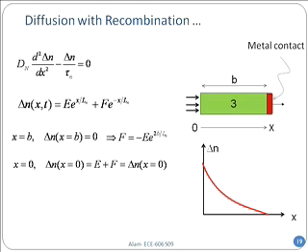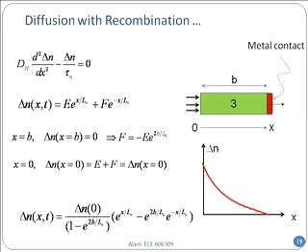X prime was going the other direction. So with x at the metal contact, it again becomes 0. That allows me to relate E and F. And that's it. That's the solution in here. There are a bunch of exponentials floating around. You put those values of E and F in the first equation. This is the solution at the end you will get, right?